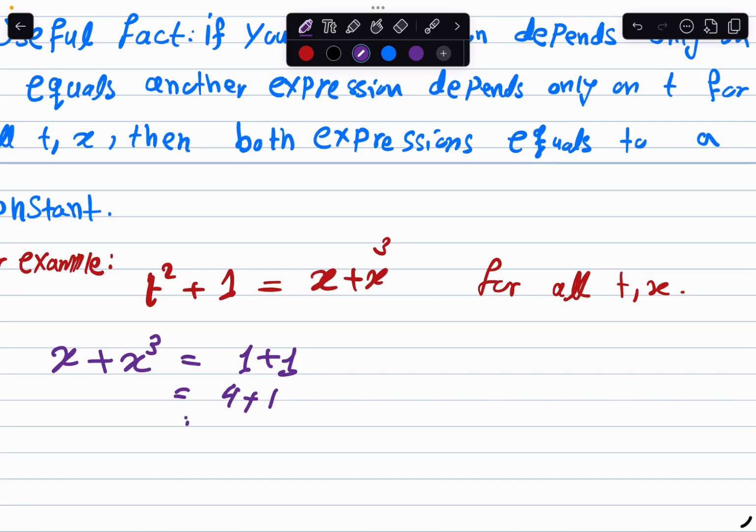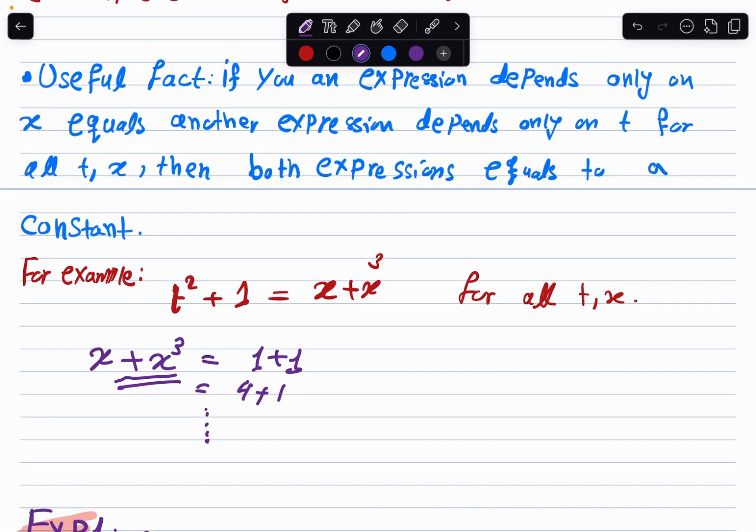And I will keep changing t, so the value of x also will change. So that means this expression depends also on t. But that is a contradiction, because we said that it depends only on x. And a similar argument applies if we take the opposite. So if we take, for example, t squared plus 1, let me take again x equal to 1, so 1 plus 1, and t squared equals 2.